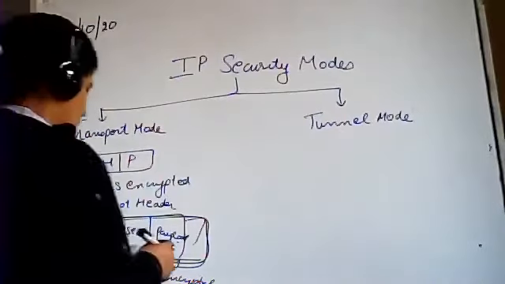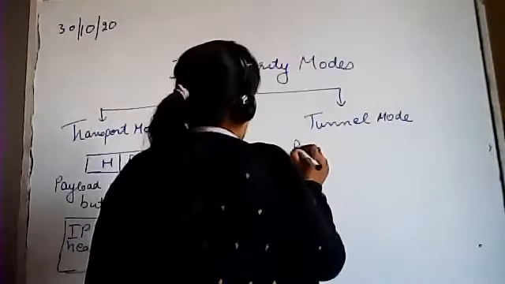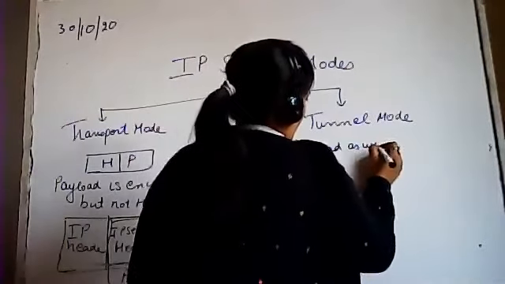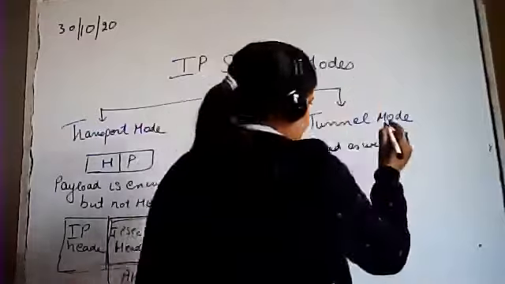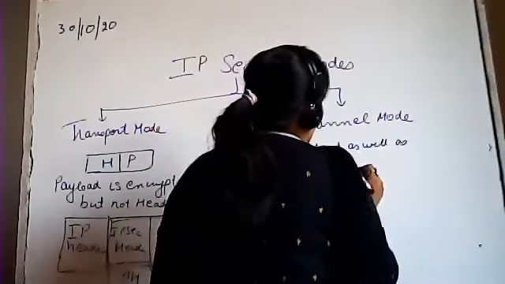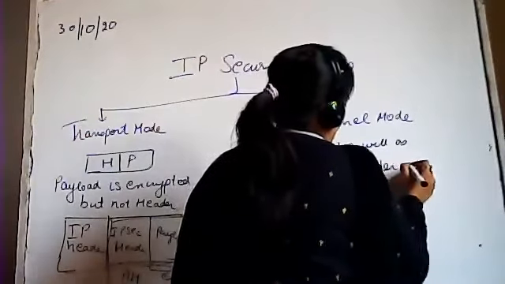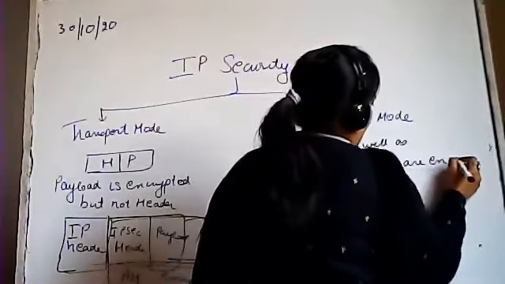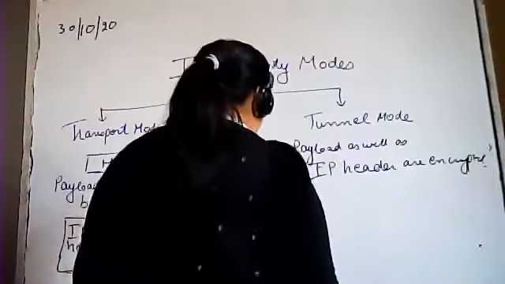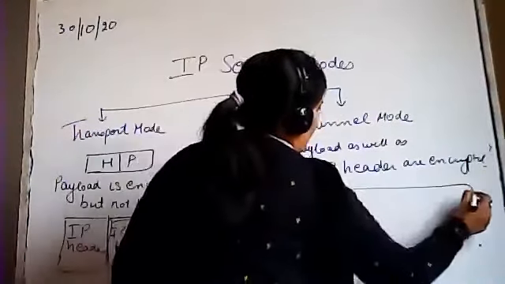And what is the tunnel mode in this? Payload as well as your IP header part are encrypted. So what do we do? We generate a new IP header.